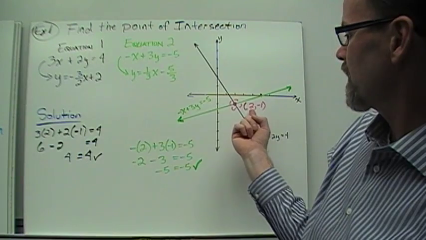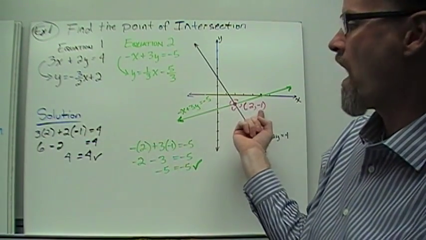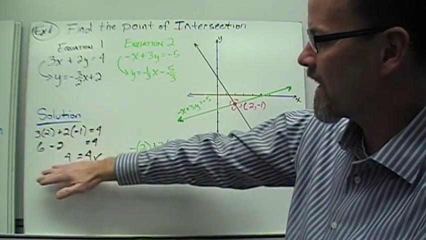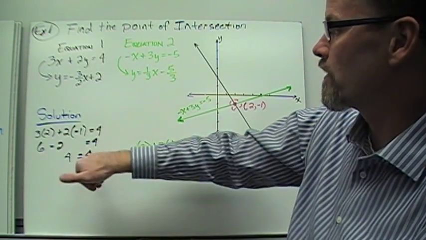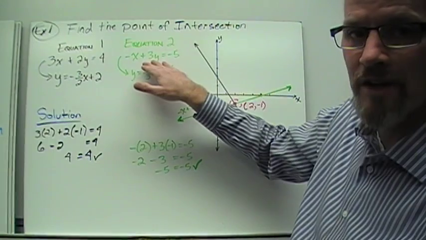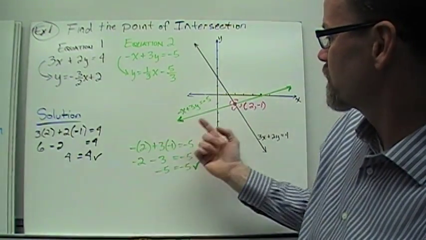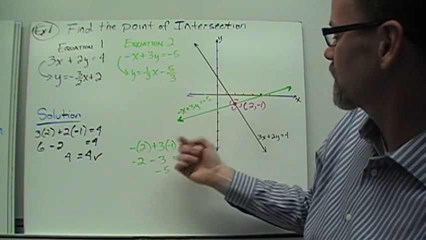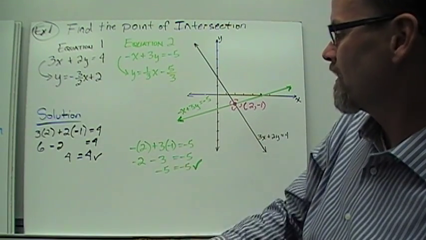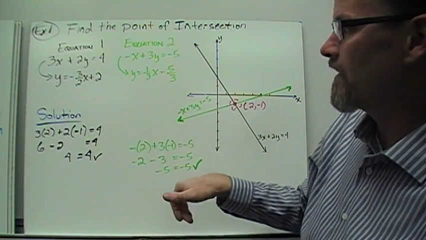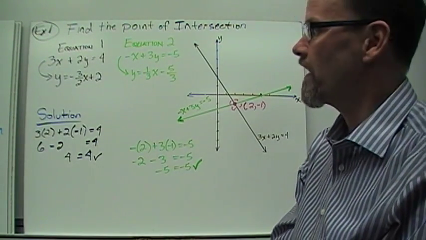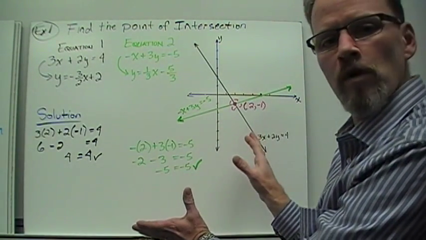I'm plugging in the x for x and the y for y, working it out, and 4 equals 4. I do the same thing for equation number 2: negative 5 equals negative 5, and it checks out. We're good with that.